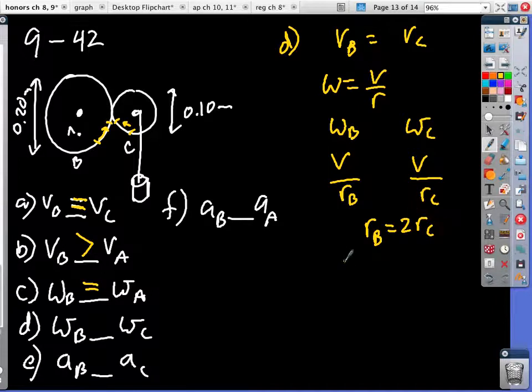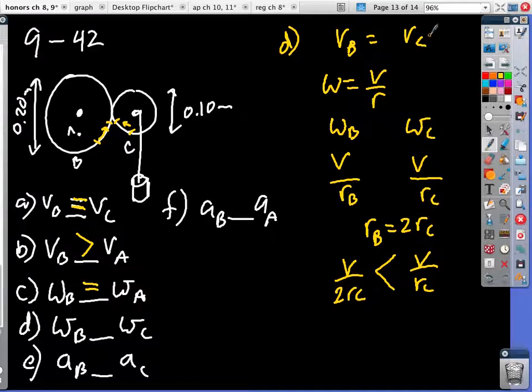So when you plug that in, you get V over 2RC as compared to V over RC. And we see that this is true. Basically we're finding equivalence.